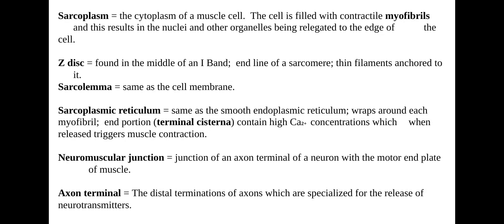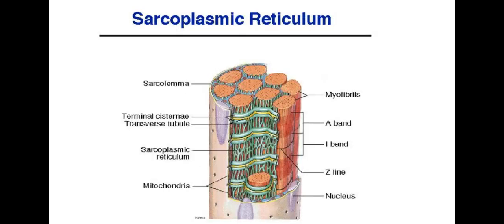We also need neuromuscular junction. That's just where the axon terminal of a neuron rests up against the motor plate of a muscle. And the axon terminal, that's just the end part where we're going to release neurotransmitters.